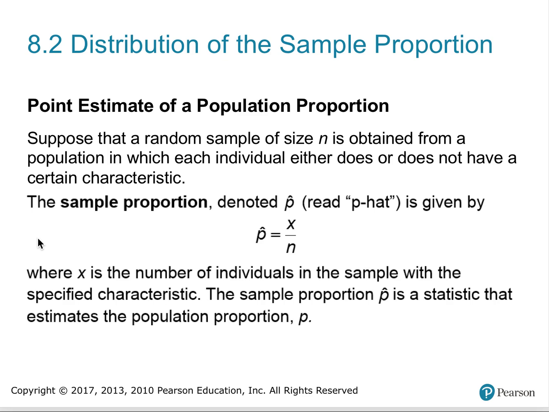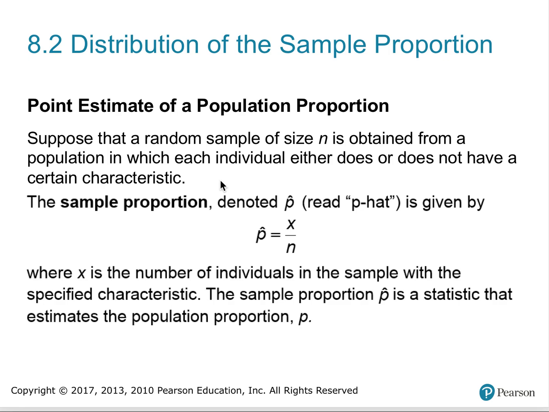Okay, 8.2, distribution of the sample proportion. Point estimate of a population proportion. Suppose that a random sample of size n is obtained from a population in which each individual either does or does not have a certain characteristic, right?